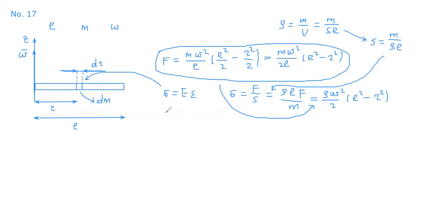Okay, and what about the elongation of the small part of the rod dm?